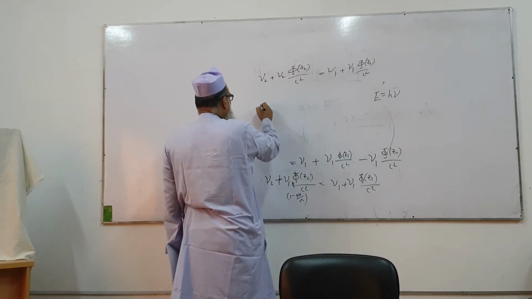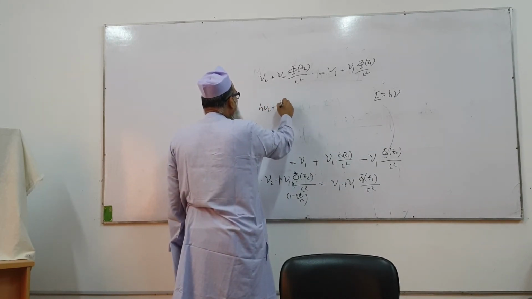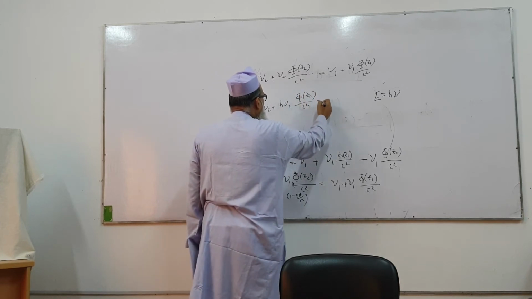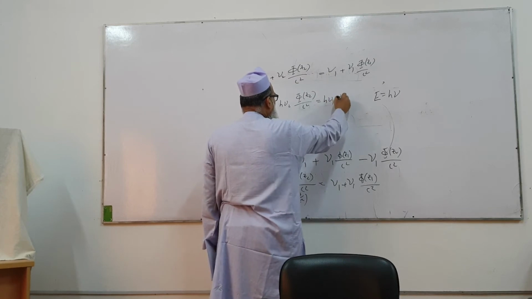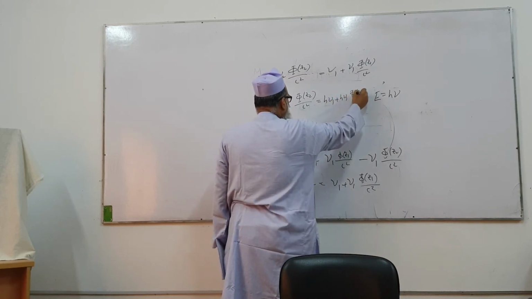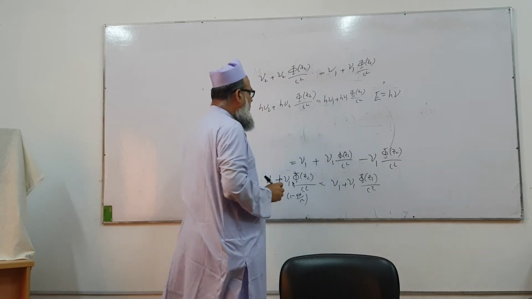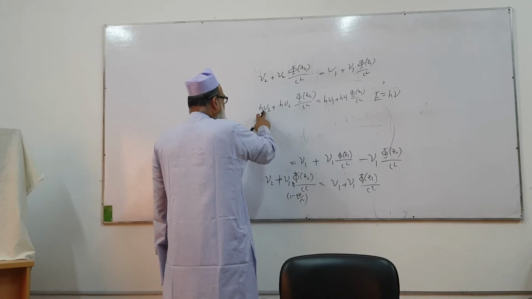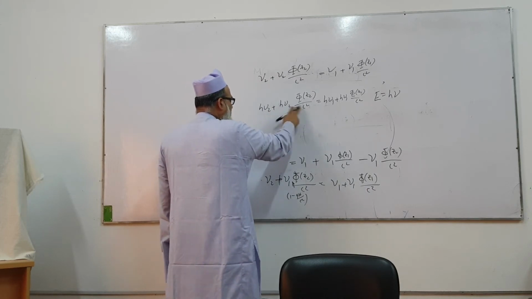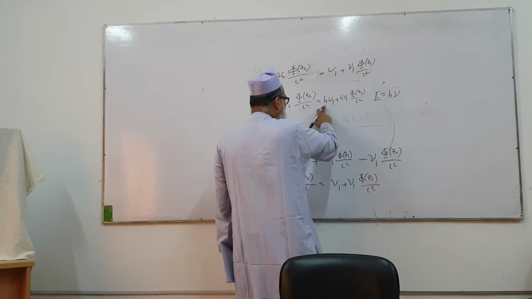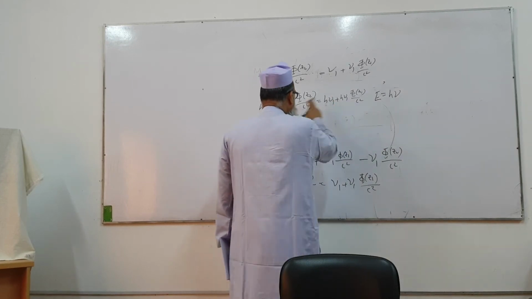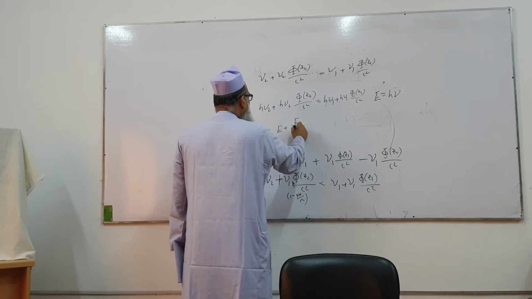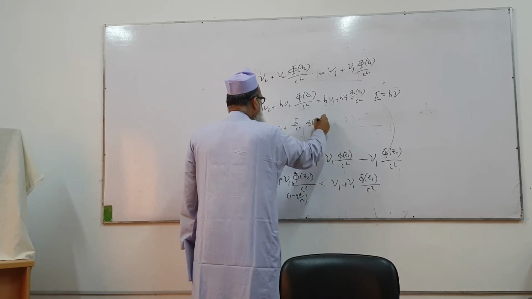Okay, multiply by h: h nu2 plus h nu2 phi of z2 by c square equals h nu1 plus h nu1 phi of z1 by c square. Okay, so what? This is energy E, energy by c square, energy E, energy by c square. So we can write E plus E by c square phi of z equals.